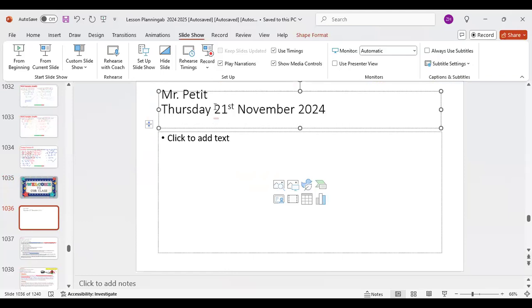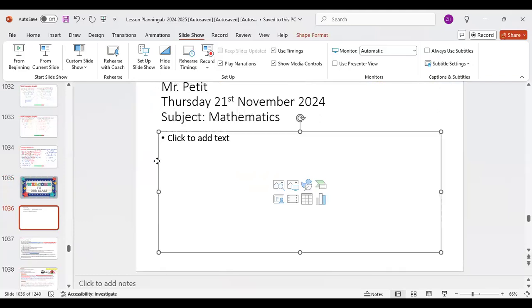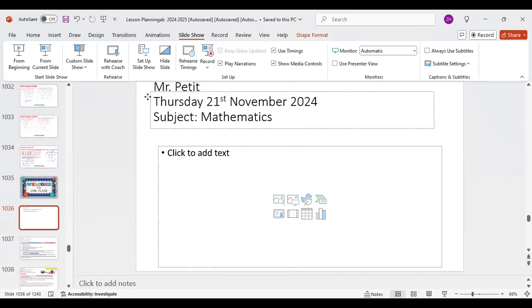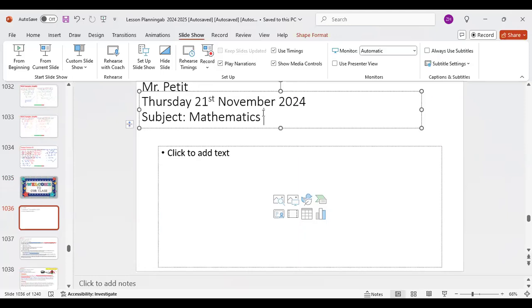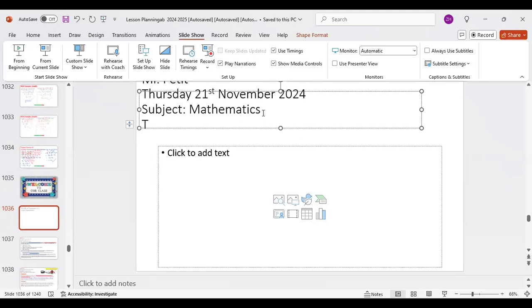Today is November 2024. The subject is, of course, mathematics. And the topic for today is substitution.